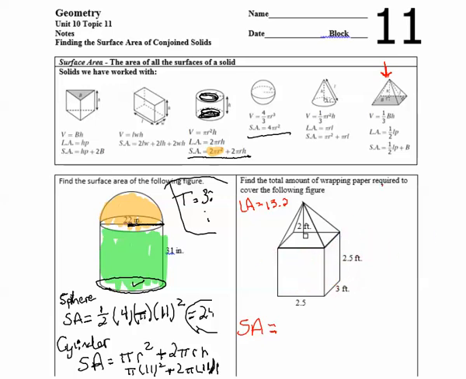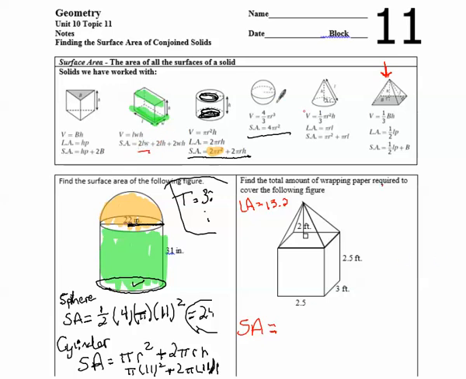The first part is 2 length times width. So this is length and width right here, which is the bottom and the top. That's exactly what I don't want, the top. So instead of having two of those, I just want one.